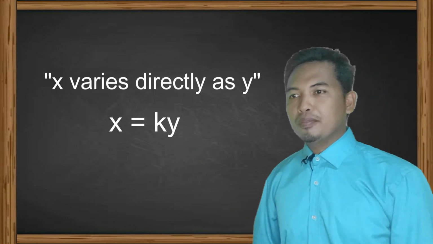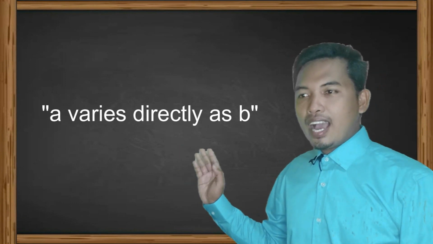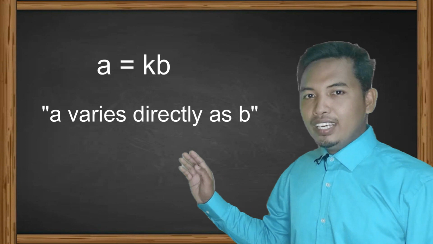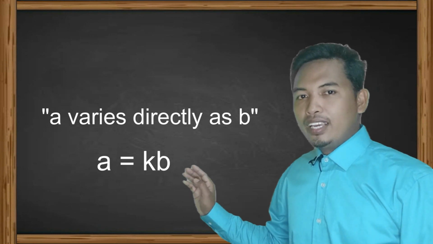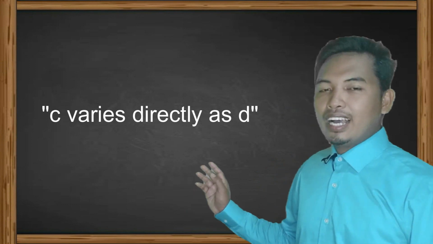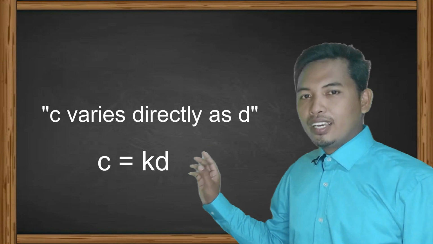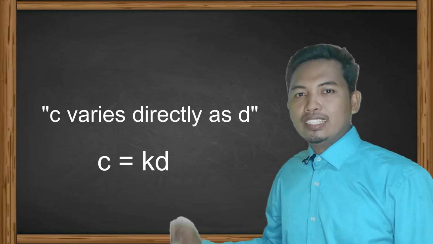So another example, a varies directly as b, so a equals kb. So another example, c varies directly as d, so we have c equals kd.